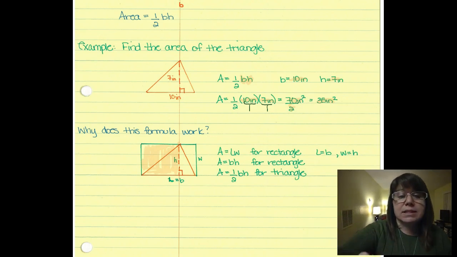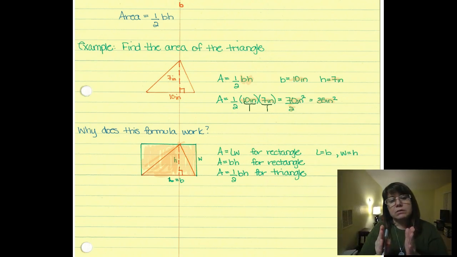It cuts it in half, so I only need half the area of this rectangle. Likewise, the other side of the height of the triangle creates another rectangle, and I only need half of that portion of the rectangle. So really, a triangle is half a rectangle.